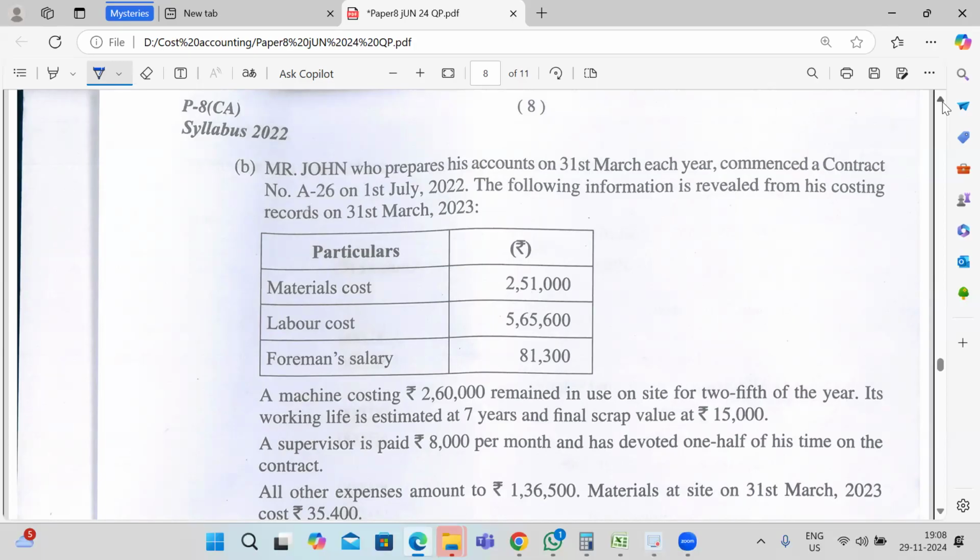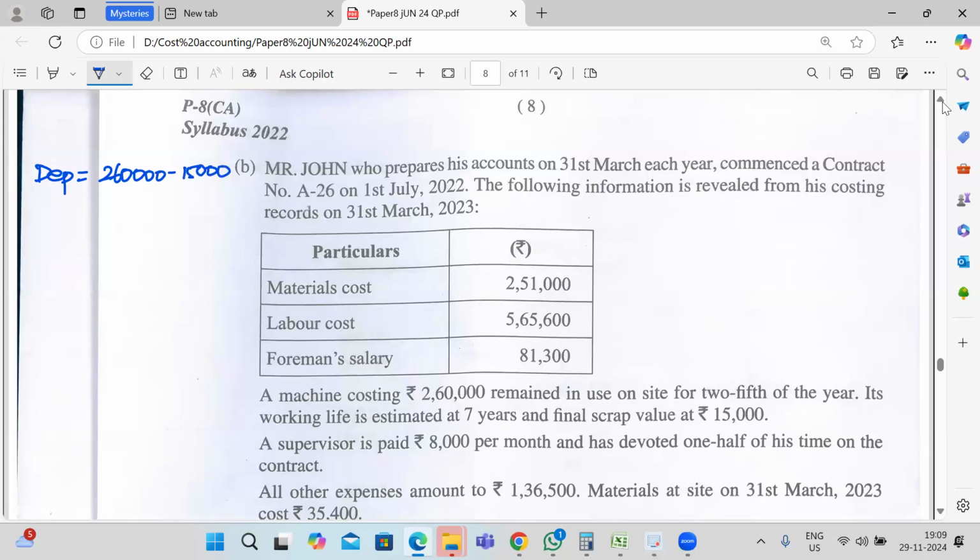Its working life is estimated at 7 years and final scrap value at 15,000. So we need to calculate depreciation based on this only. So how will we be calculating depreciation? Cost minus scrap value, that is 2,60,000 minus my scrap value, that is 15,000.